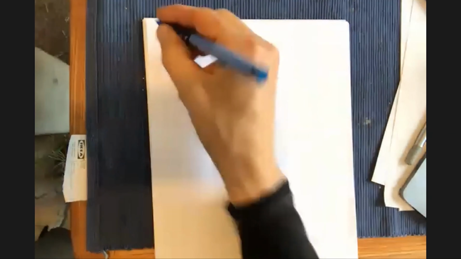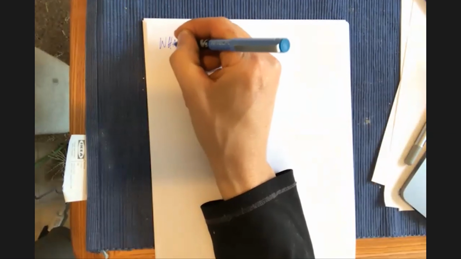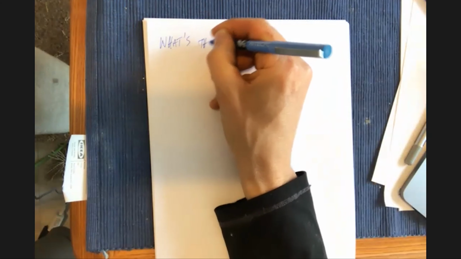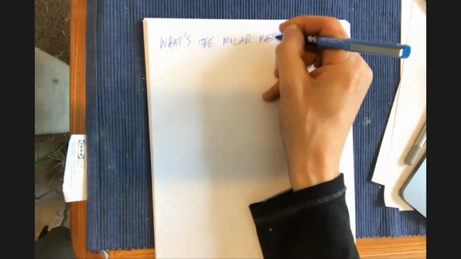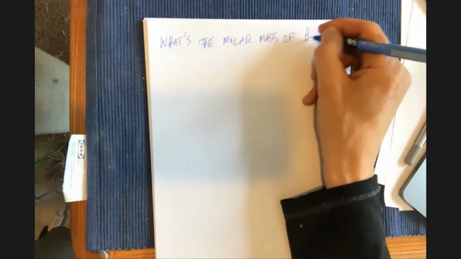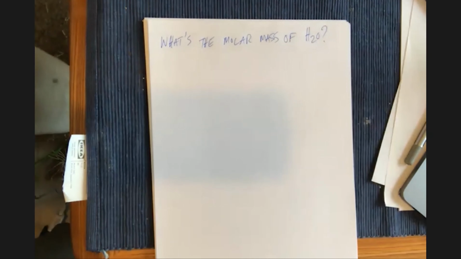What about, here's another one. What's the molar mass of water? 18 grams per mole.